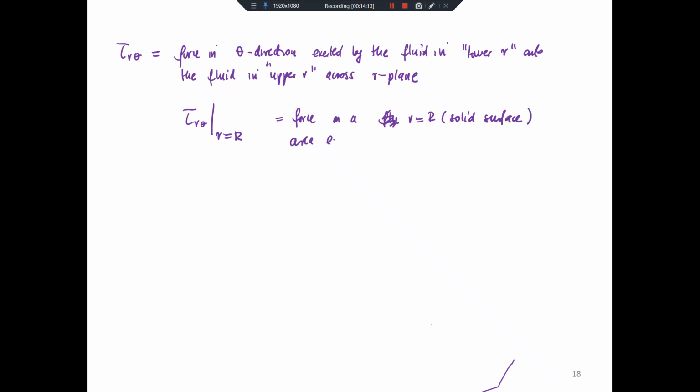That's precisely what I'm looking for. This is my outer cylinder.